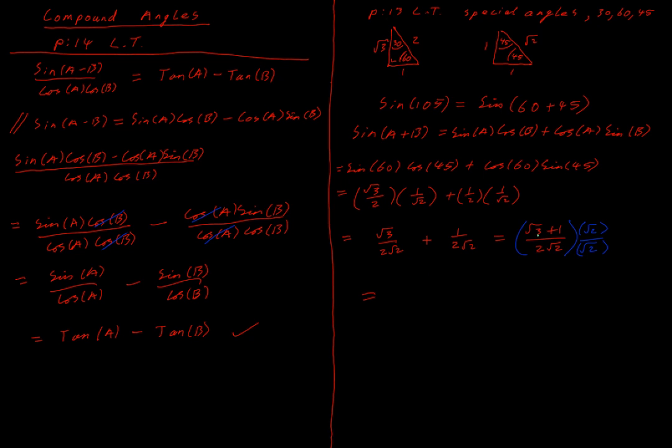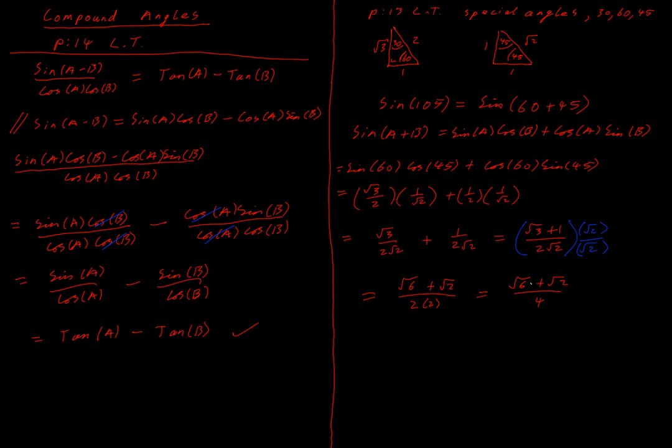So we have root 2 by root 3 would be root 6, plus 1 by root 2 is just root 2, all over 2 by 2. So we end up with root 6 plus root 2 all over 4.